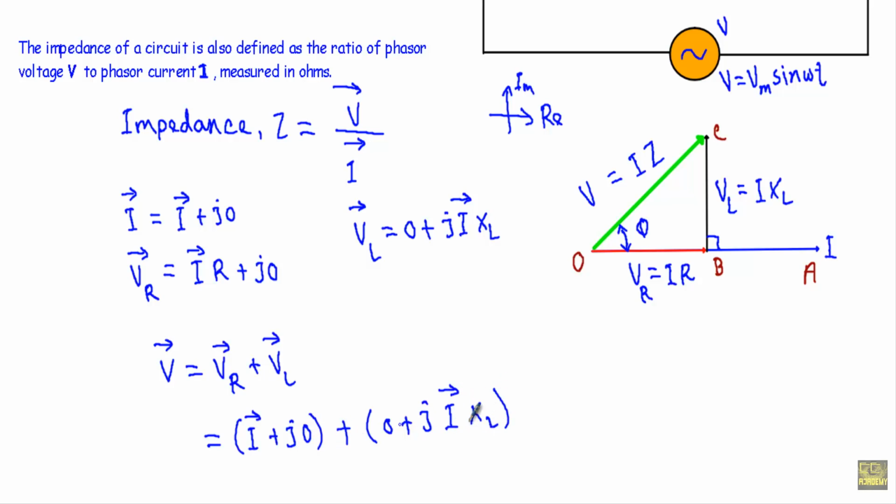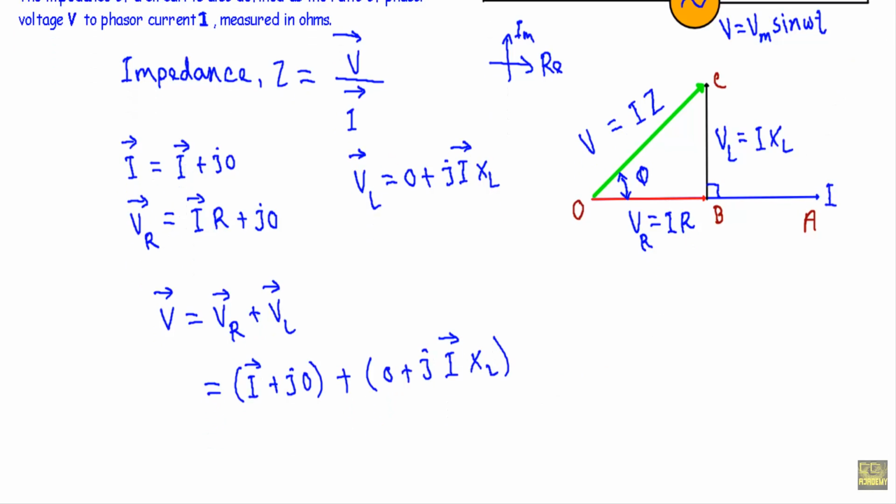This I phasor is common in both terms, therefore I can take I phasor common and get R plus j XL.